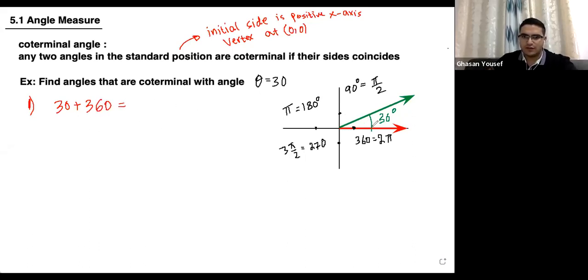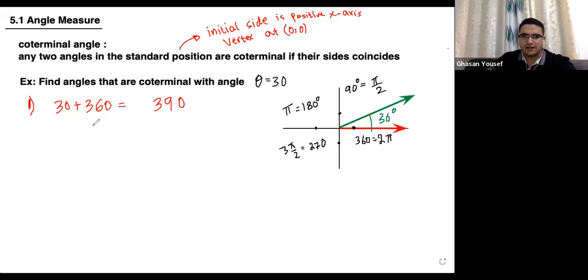So 360 means you turn around starting from this point, around the XY plane 360 degrees until this point. You will see both sides, the initial side and the terminal side, coincide. So the first coterminal angle is found by adding 360, and we get 30 plus 360 is 390. This is the first coterminal angle.